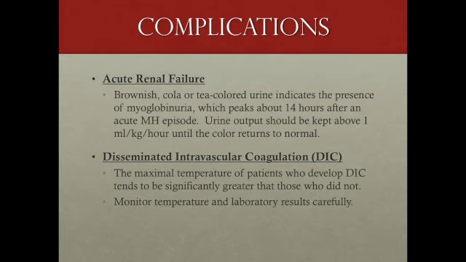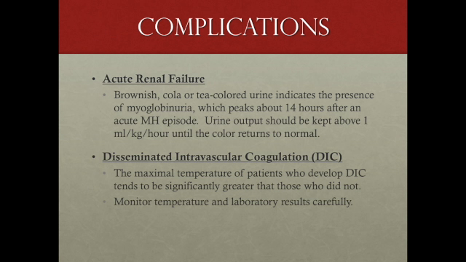All right, a few complications that needed mentioning. Obviously, there are more, especially when you take into consideration cardiac events or cardiac dysrhythmias. However, these needed to be brought up primarily for the purposes of your examination. Therefore, let's look for acute renal failure, like we spoke about earlier, with the brownish, tea-colored urine.